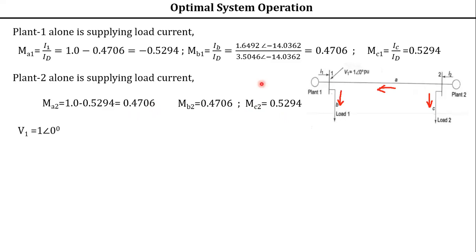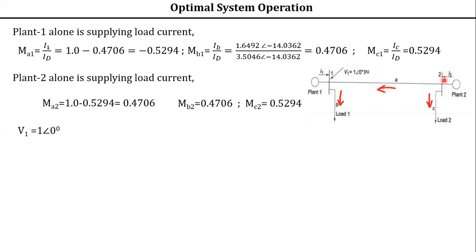Now you see, bus 1 is the reference bus, it has been given V1 is equal to 1 at an angle of 0 degrees. Now what is the voltage V2? We know this voltage plus the drop across this one will be your V2, because we have taken the assumed current direction like this.